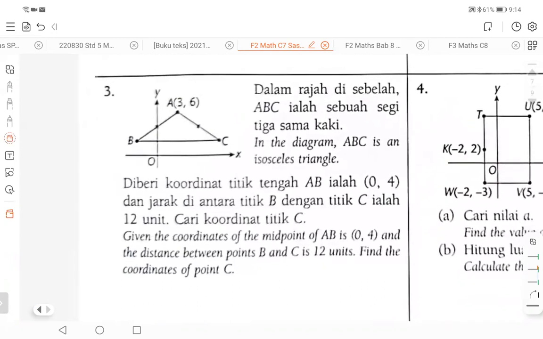So in the diagram, ABC is an isosceles triangle. Isosceles triangle means distances are the same. Given the coordinates of the midpoint of AB, midpoint is 0, 4. You know where 0, 4 is or not?